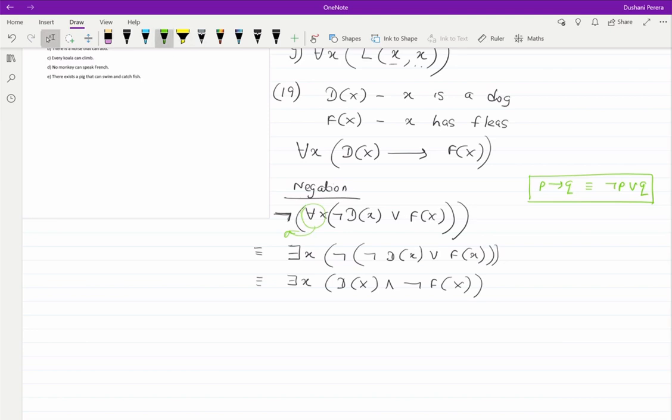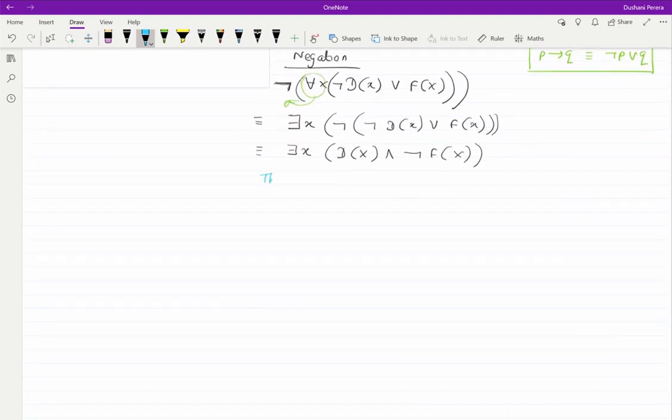So the answer to this in simple English is: there is at least one dog who does not have fleas. That is interpreting the negated statement in simple English. I hope that's clear to you.